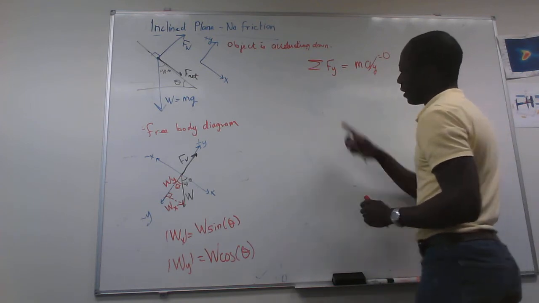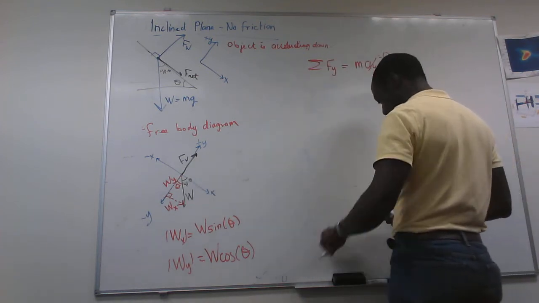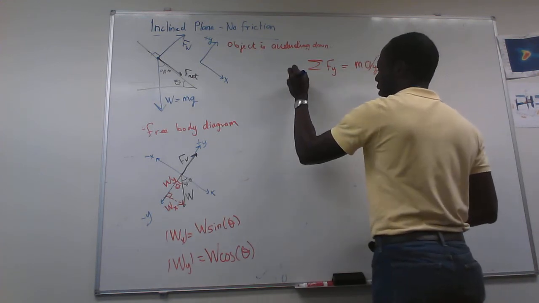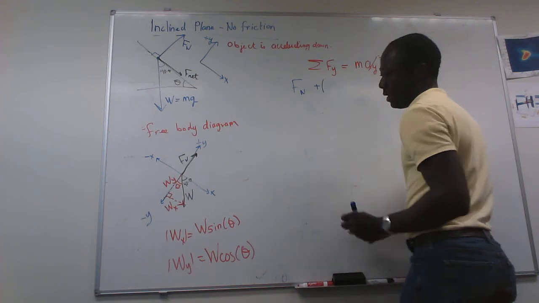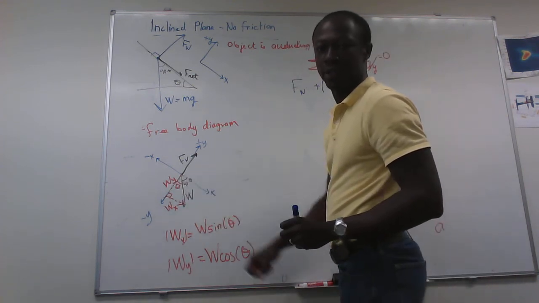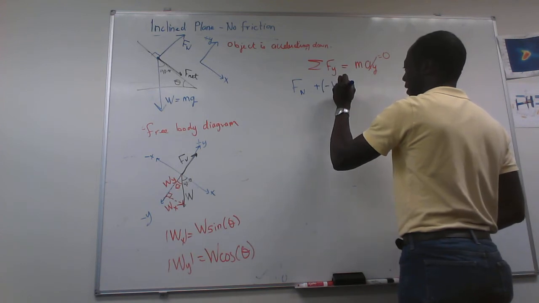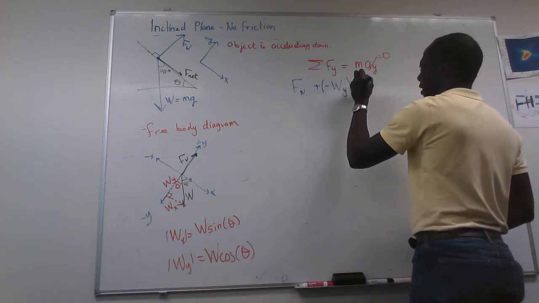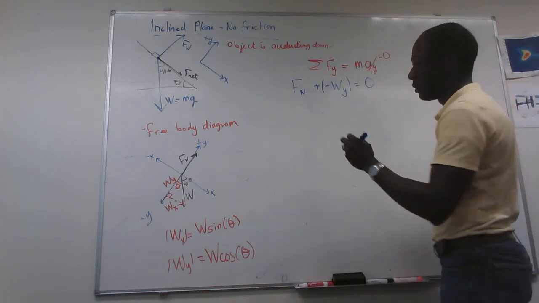So the forces acting along the y direction are the Fn, which is in the positive y axis, and the y component of the weight, which is acting in the negative y direction. So we'll put a minus sign over there. And that has to be equal to 0, since the acceleration in the y direction is equal to 0.